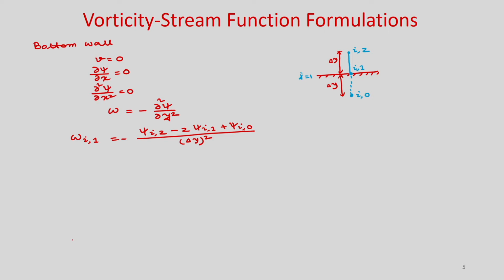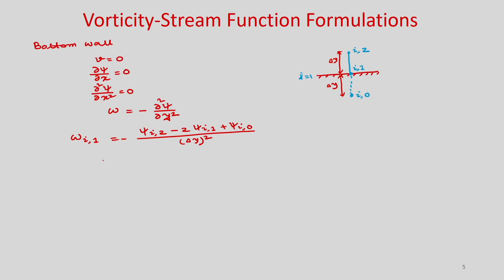Okay. So, similarly now psi I 0 is the value of psi at the fictitious point, let us find it using the tangential velocity condition. So, tangential velocity is u is equal to 0, that means del psi by del y is equal to 0, and if you discretize del psi by del y using second order approximation, then you will get psi I 2 minus psi I 0 divided by 2 delta y is equal to 0, and that will give psi I 0 is equal to psi I 2.